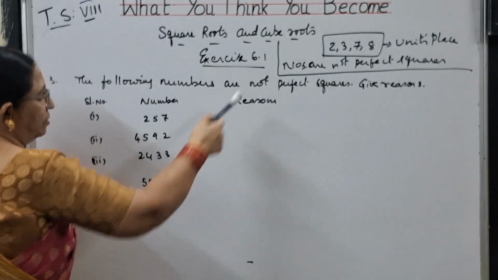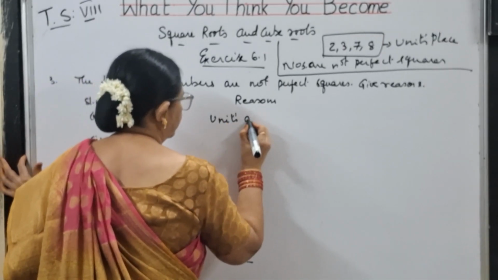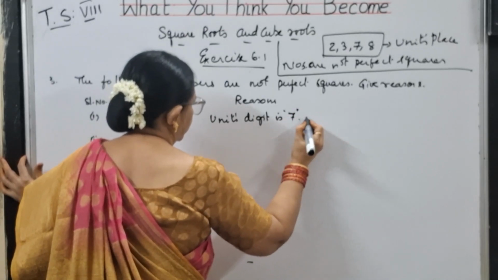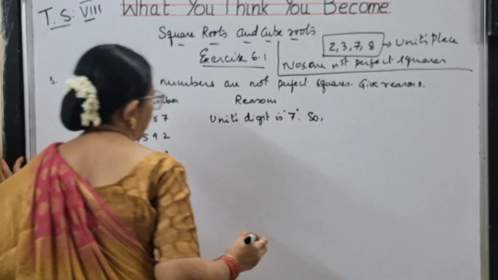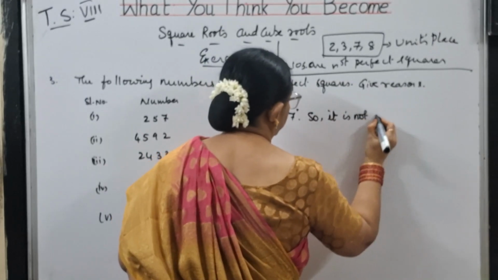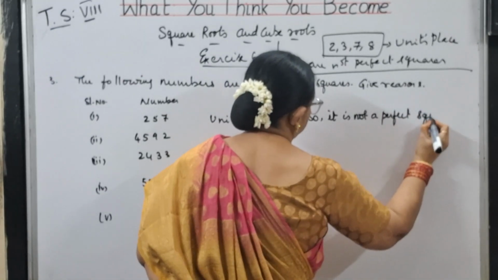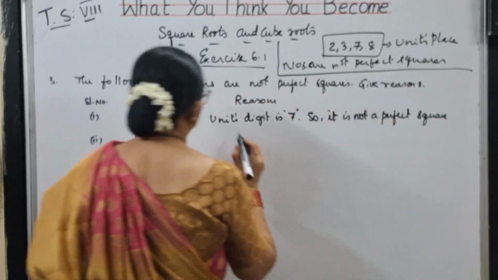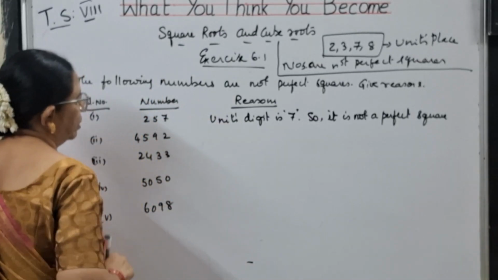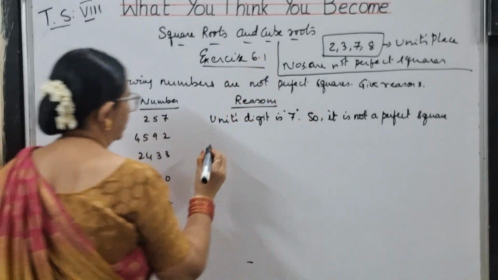First one, units digit is 7. So what is the reason? Units digit is 7. So it is not a perfect square. This is the reason that I am saying, children. This is the number given, this is the serial number. So next one, see, there 2 is there.